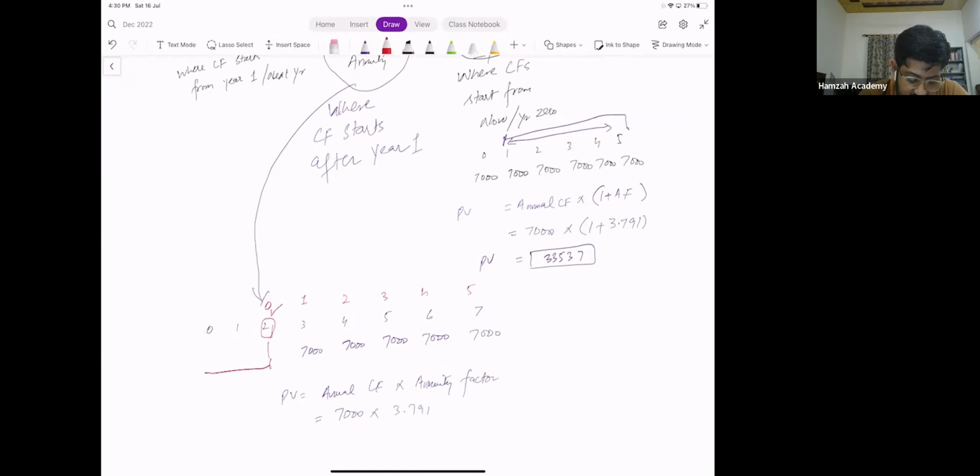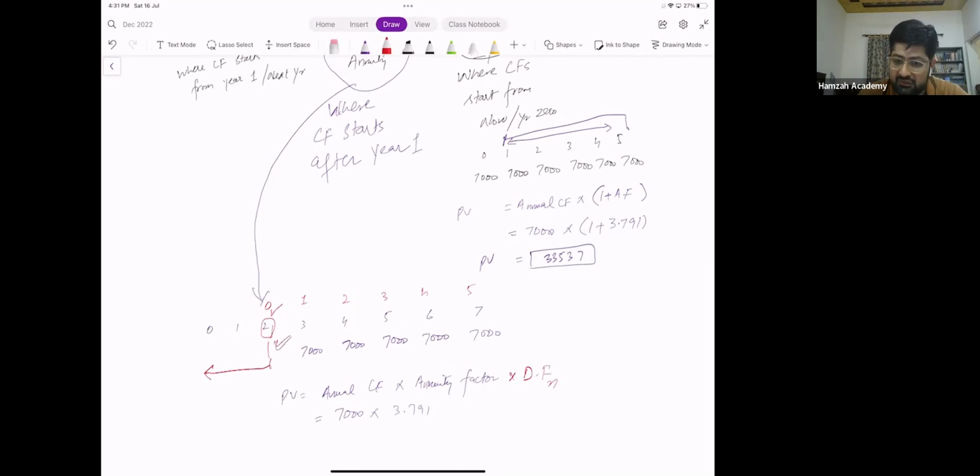And that answer we have to take to year 0. Now you see here, it is 2-year discount factor. Or if it is year 3, then 3 year.